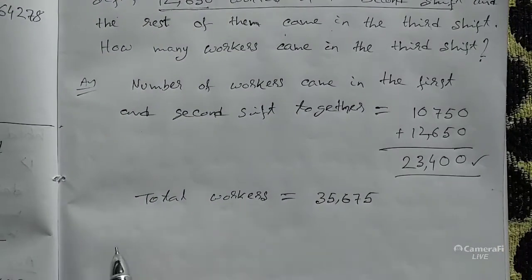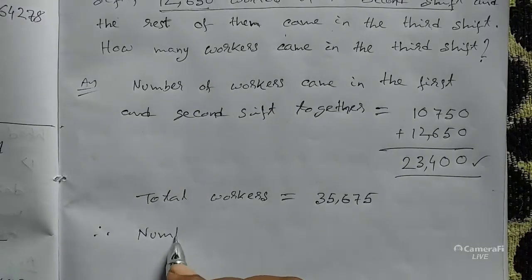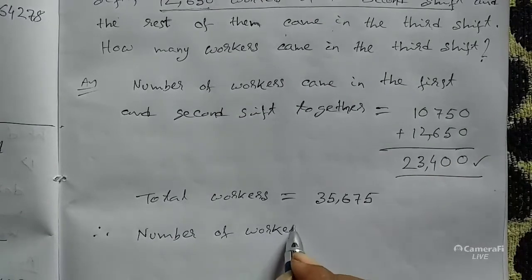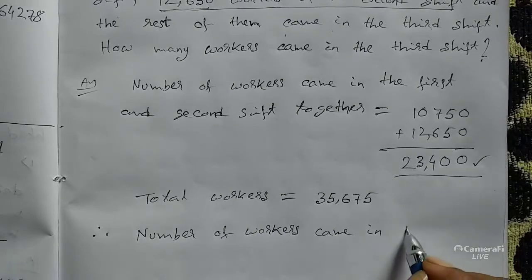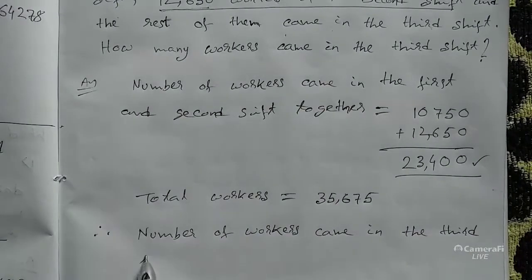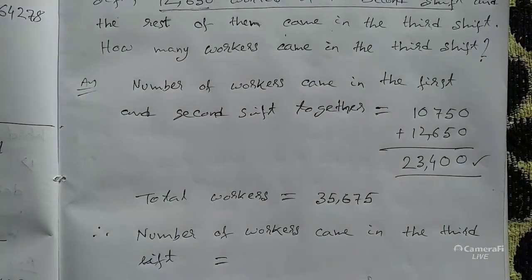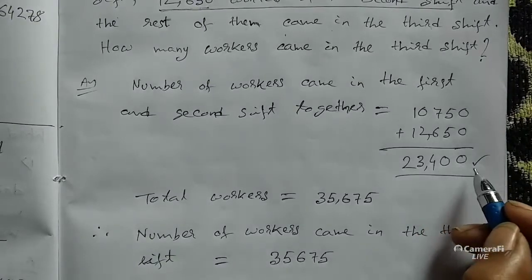Therefore, the number of workers who came in the third shift equals the difference of the total and this one.